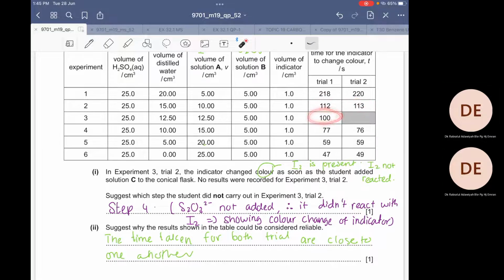So we say that the experiment is consistent, hence it is reliable. One possible explanation for reliability is that after repeating the experiment, you still get more or less the same values.